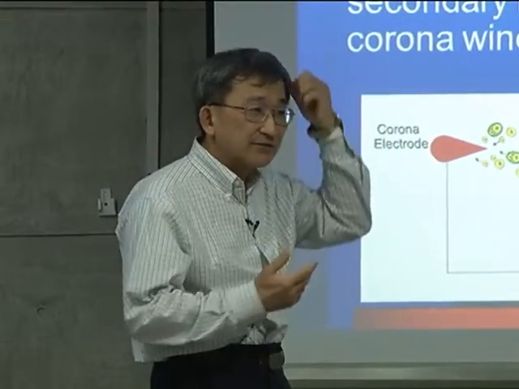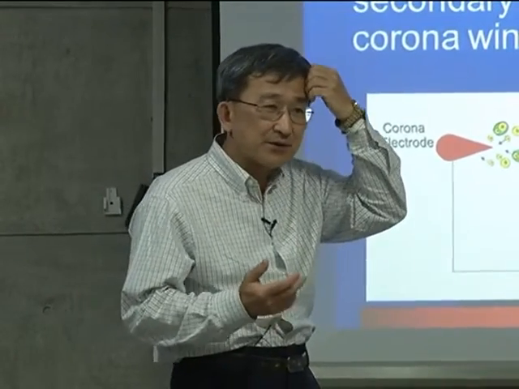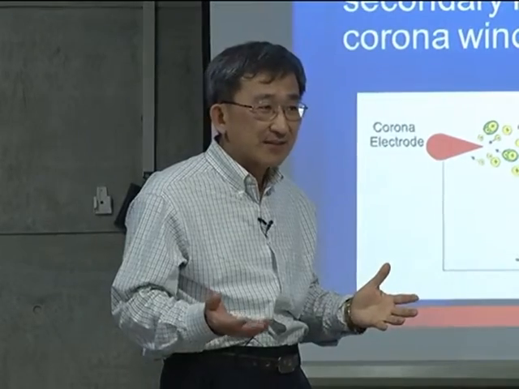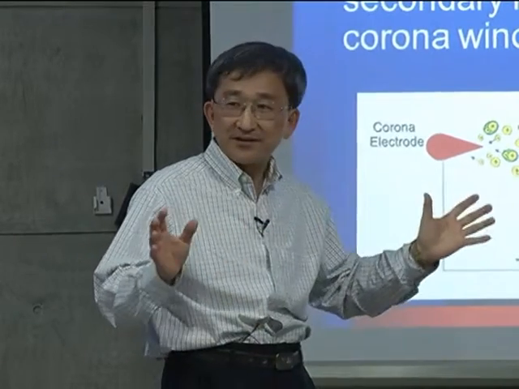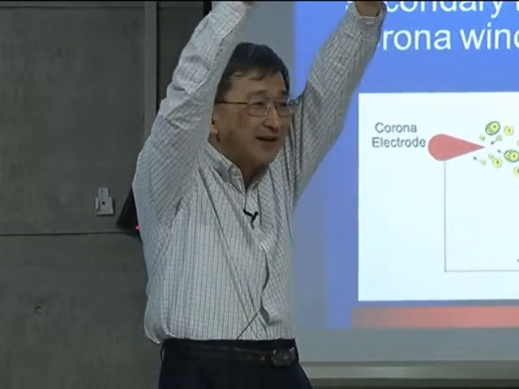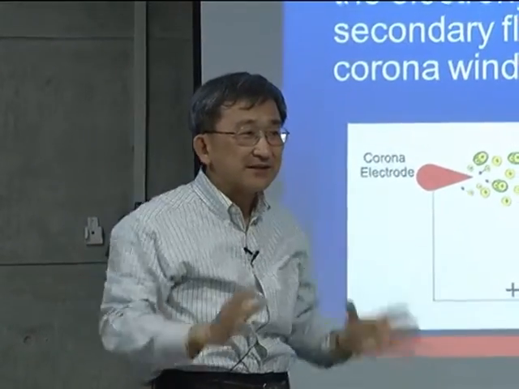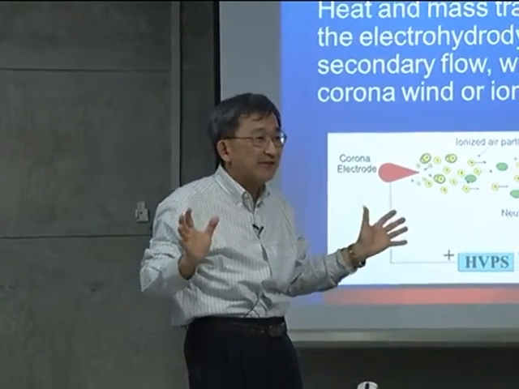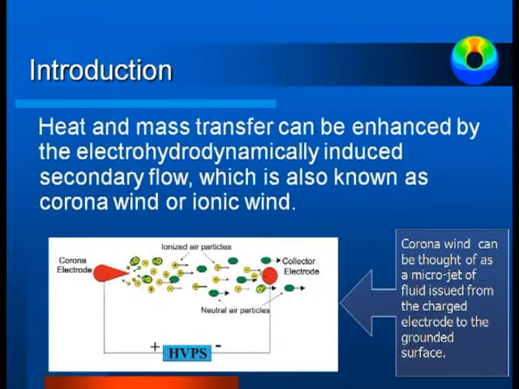Corona was first observed by sailors at sea when a storm was coming, and they saw this glow on their ship. Earlier, people didn't know what this was and were afraid of it, but it is basically an electrostatic phenomenon.